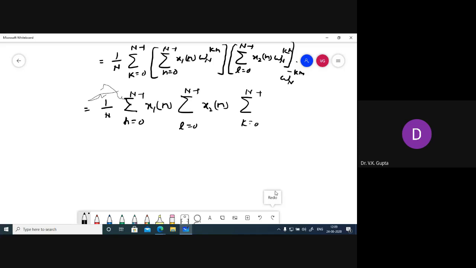So let us take all three together: W_N to the power minus k(m minus n minus l).